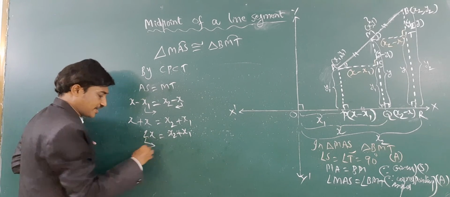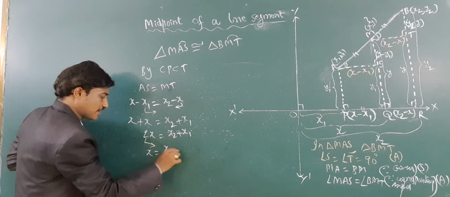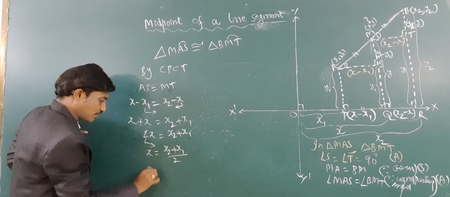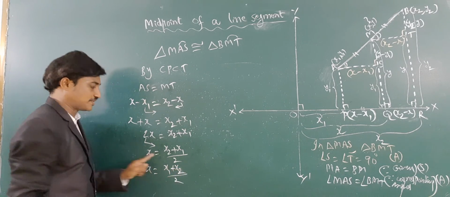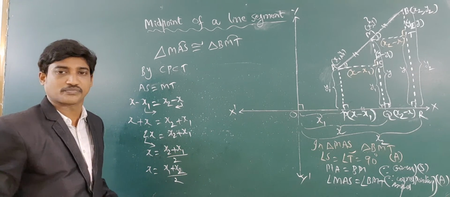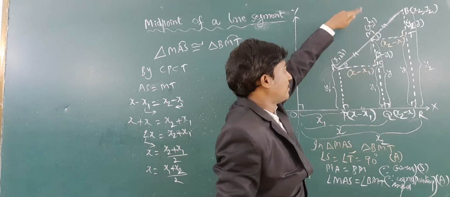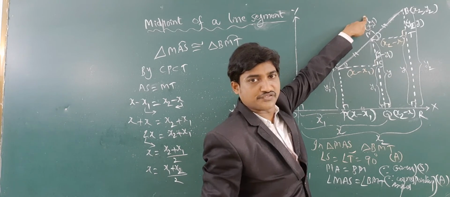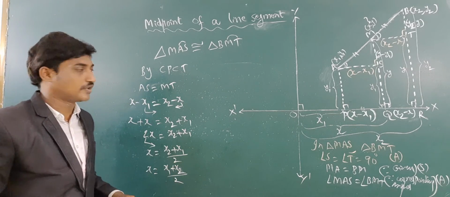Transpose 2 to the right side, that divides. x is equal to (x2 plus x1) by 2. We can write it as x is equal to (x1 plus x2) by 2 using the commutative law. We got the x coordinate of the midpoint, which we took as x, that is nothing but (x1 plus x2) by 2.